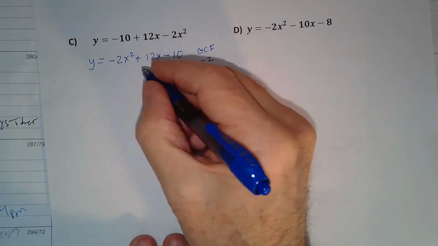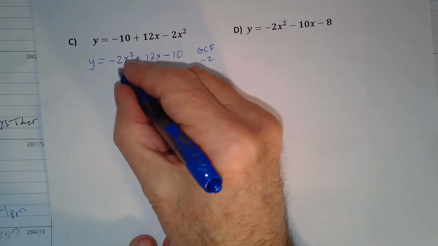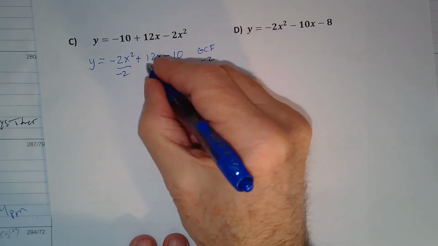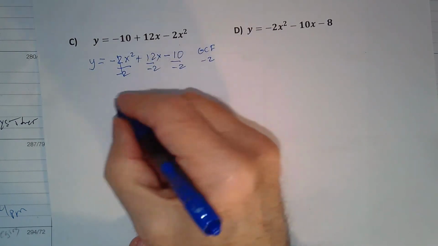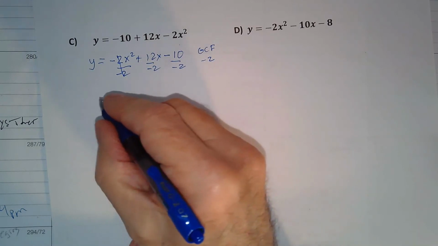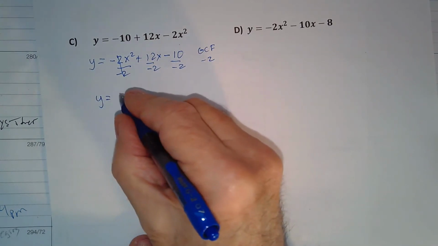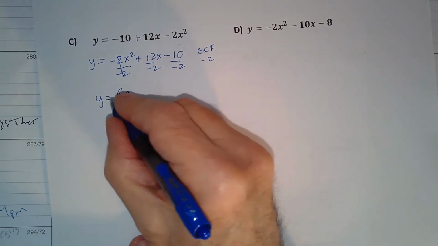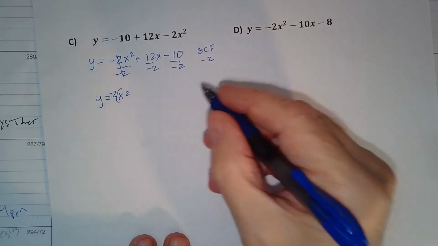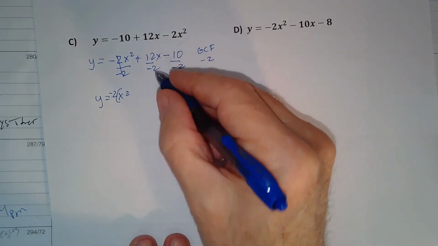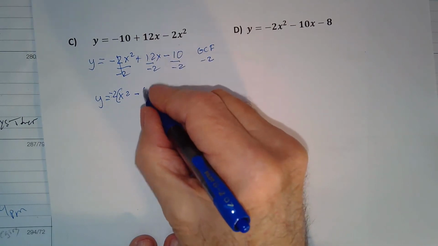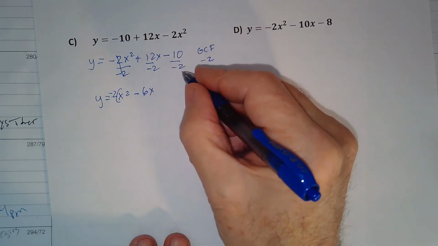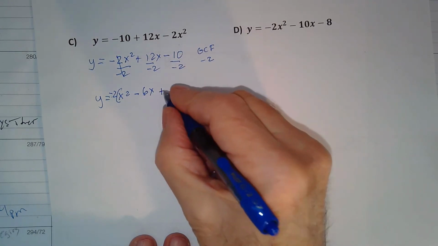So I'm going to divide out a negative 2 out of each of these terms. And when I do that, negative 2 divided by negative 2 leaves you with 1x squared. So you got y equals x squared now, but I've got this negative 2 hanging out in front. 12x divided by negative 2 is negative 6x. And negative 10 divided by negative 2 is positive 5.